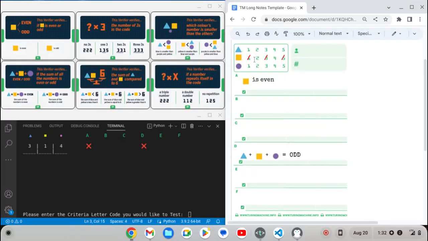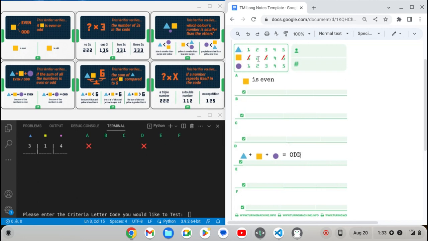Remember that we do have an even digit in square. If we want the overall sum to be odd, that means that I actually need another even and an odd. And the reason for that is, since I'm already starting off with an even for square, I do need to add an odd to it, so that an even plus an odd does give me an odd.